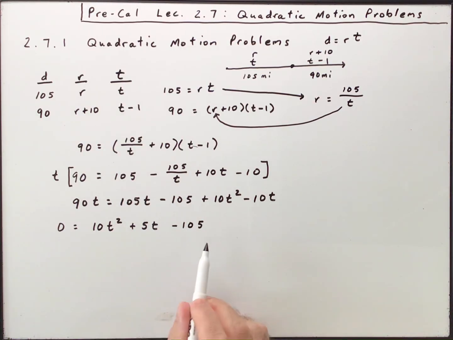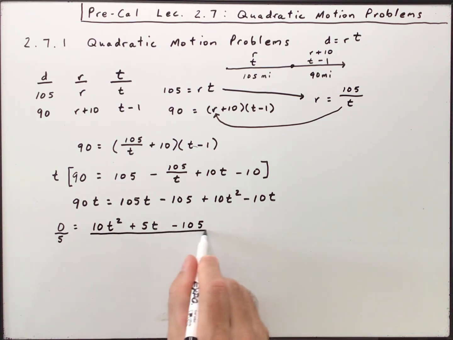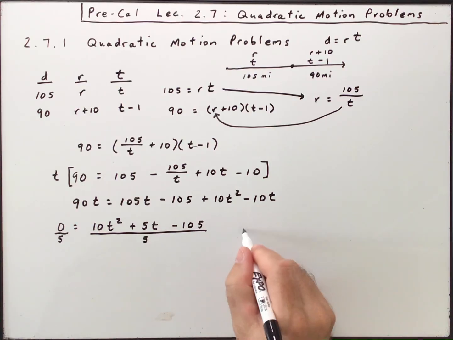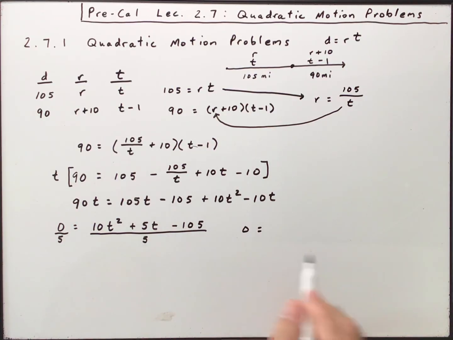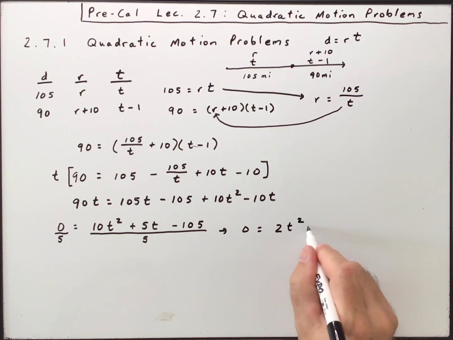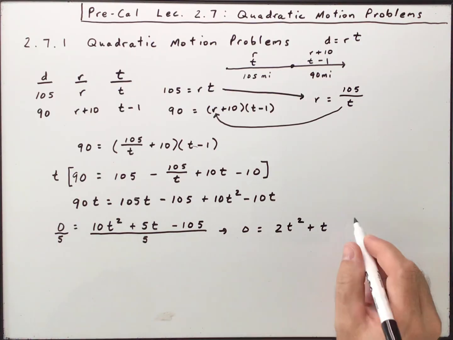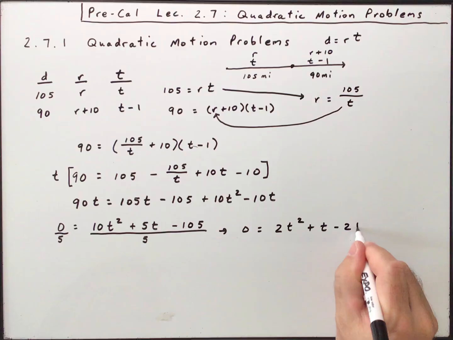Now I could simplify this down a little bit, and maybe that would make it easier to try and factor. Let's divide both sides by 5. If we did that, we would have 0 is equal to 2t squared plus t, and then 5 will go into 105, so minus 21.